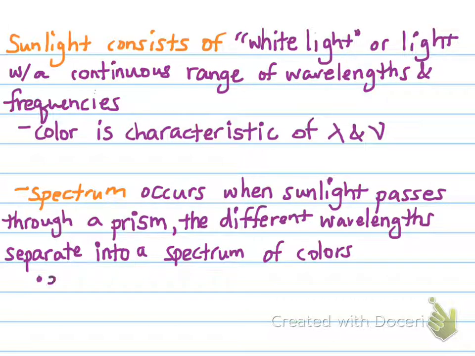Again, an example of when you've seen this is a rainbow. For a rainbow, what's separating the light are the rain droplets in the atmosphere. Now, you also hopefully have learned that the order of the colors in a rainbow is always the same.